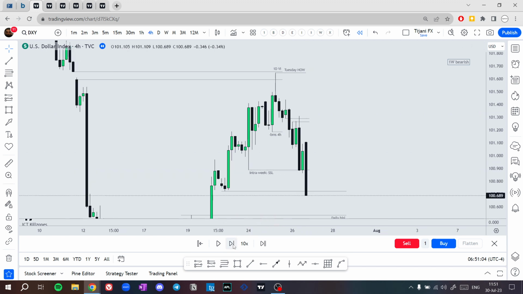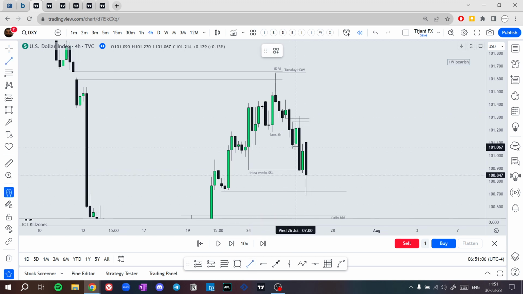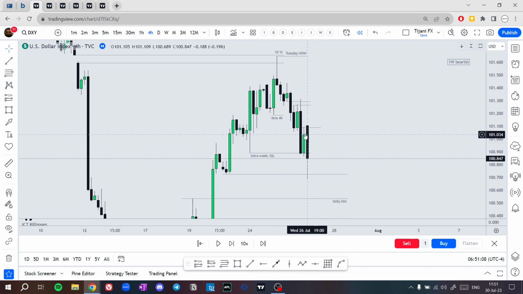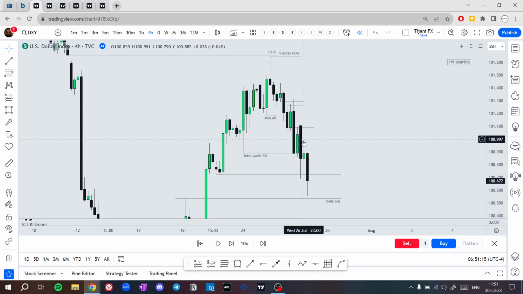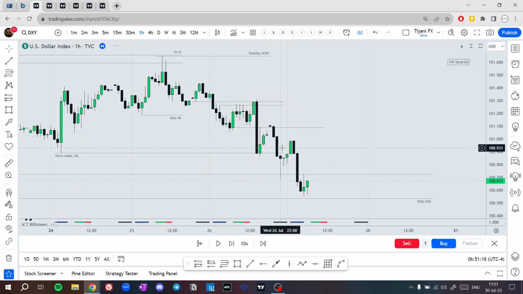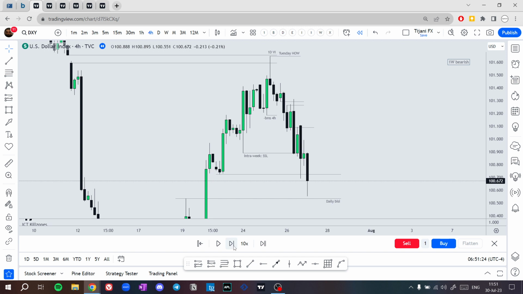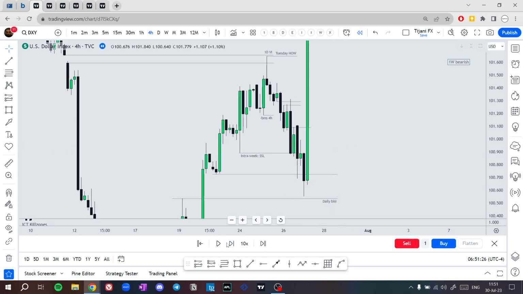Then price continues lower from this order block also, filling the daily BC as we said, and price also retraces to a 1 hour fair value gap. Right here, yes, to a 1 hour fair value gap, then it drops lower.